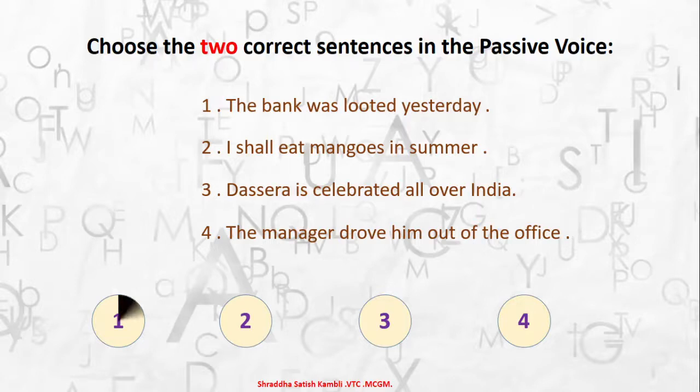So the first one, the bank was looted yesterday, is in the passive voice. And Dasara is celebrated all over India is again in the passive voice. I shall eat mangoes is in the active voice. The manager drove him out is in the active voice. So option number 1 and 3 are the correct options.